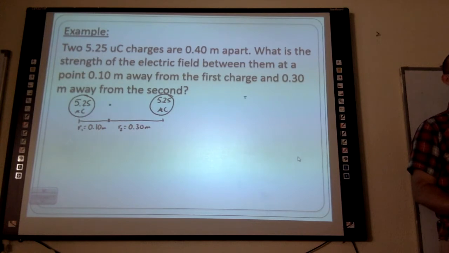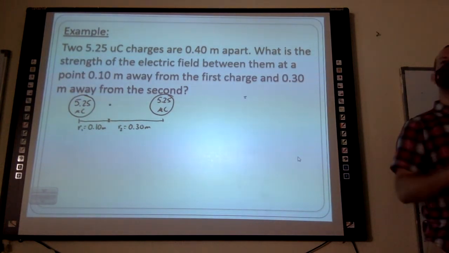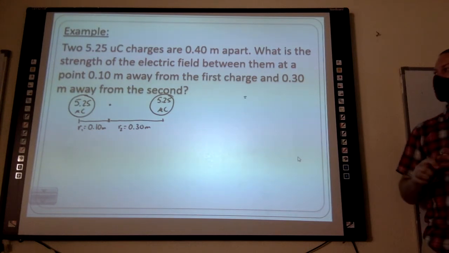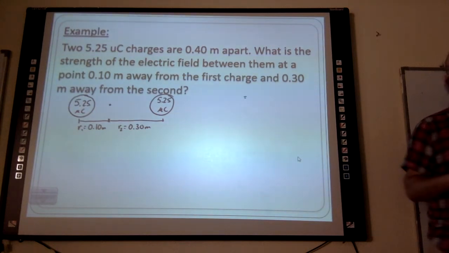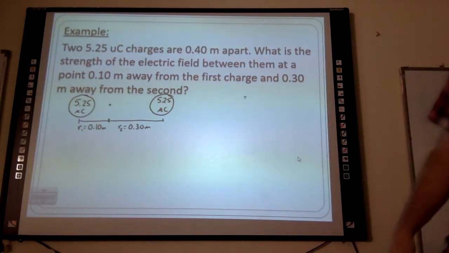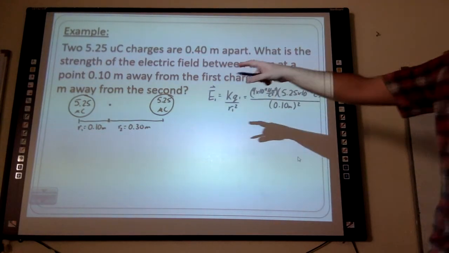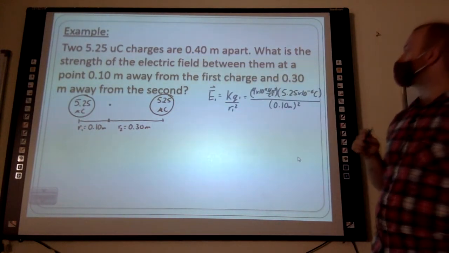Again, if I'm looking for the total electric field, find the electric field of each of the individuals and either add them or subtract them, depending on the direction of the field strengths. So we'll solve for E1. This is going to be due to the left-hand charge.